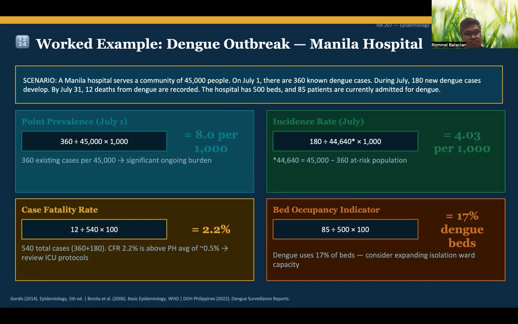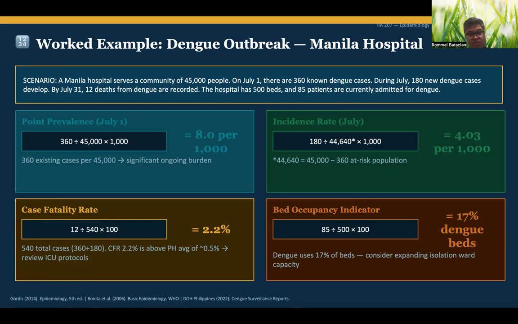So you would think that would be manageable. But remember, dengue is one of the many conditions the hospital treats. So there are too many diseases, and we haven't even accounted for those who gave birth, those who are operated on. So if you look at it, it is occupying a relatively high number of hospital beds. The proportion is relatively high.